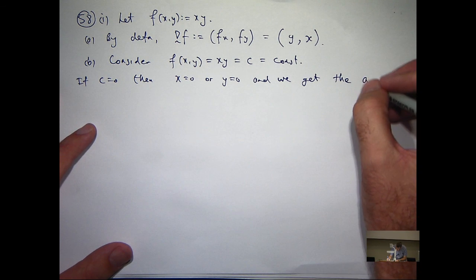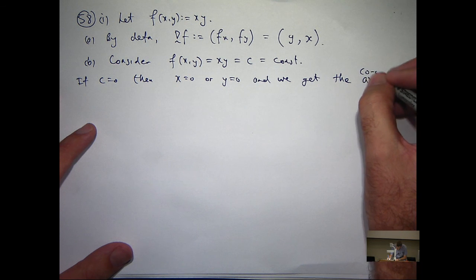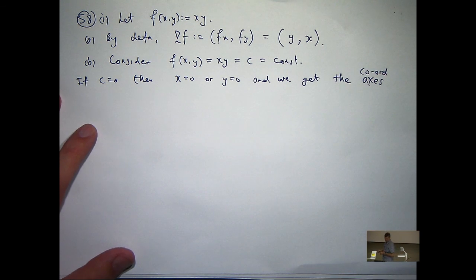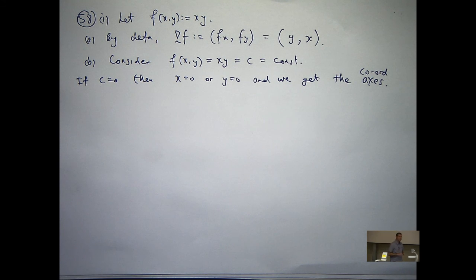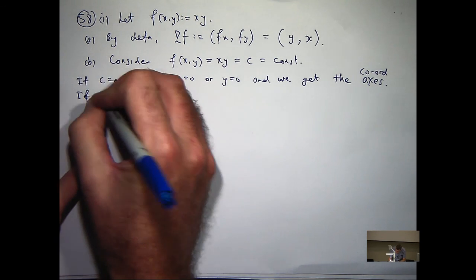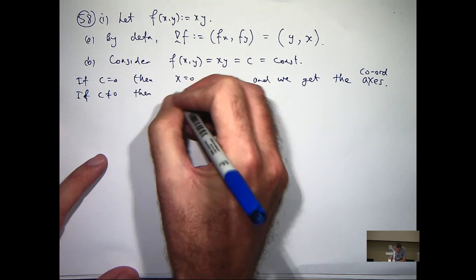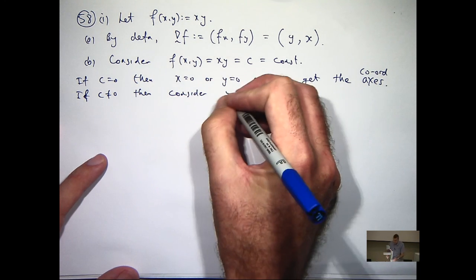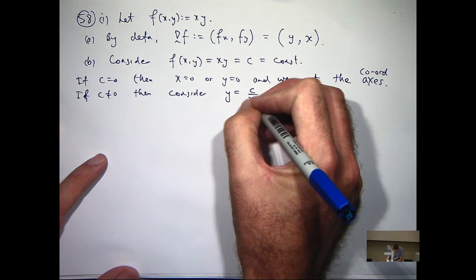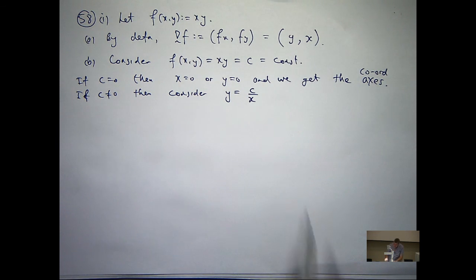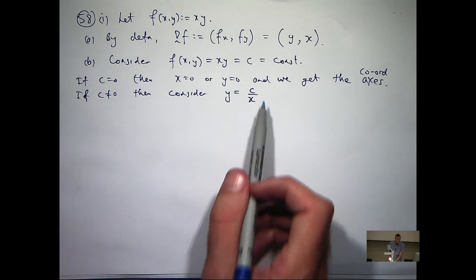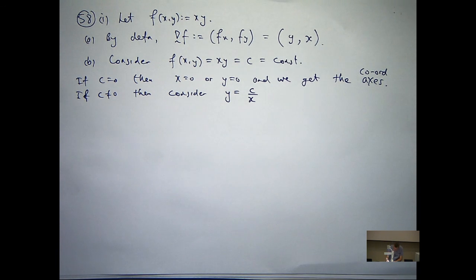We get the coordinate axes. I'll draw them in a second. Now, if c is anything other than 0, we can rearrange this into something we can consider. So for different values of c, what's y equals c on x going to give us?